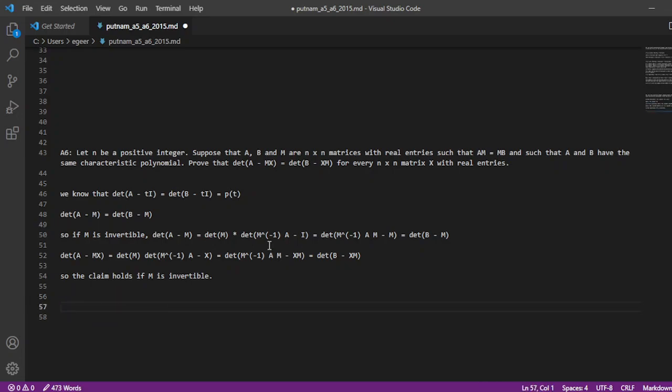So another way to phrase this argument is, I'm thinking of multiplying by the determinant of M on one side and on the other side, but that could just give us 0, so that's kind of useless.